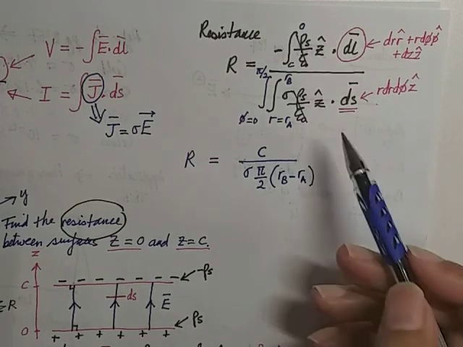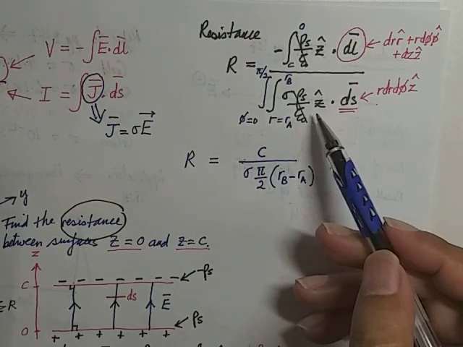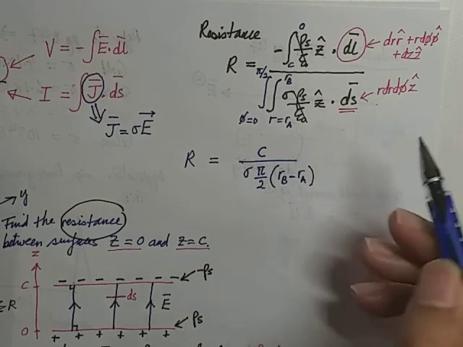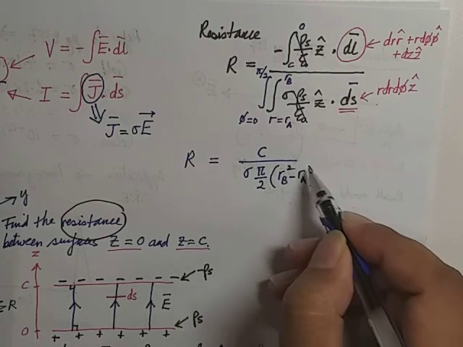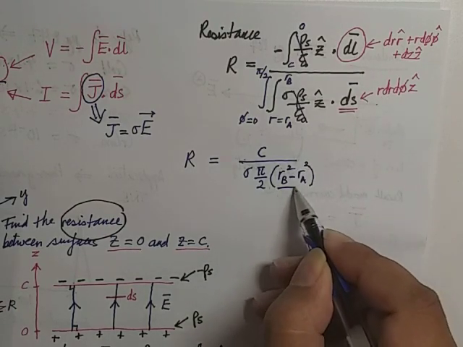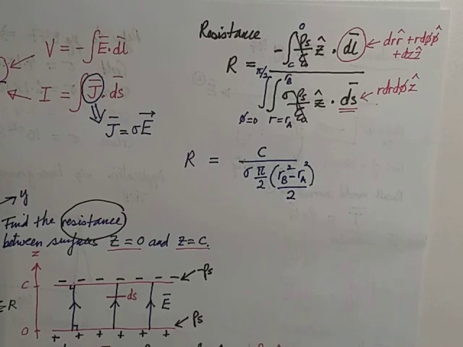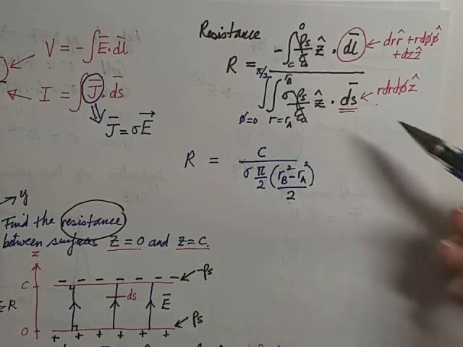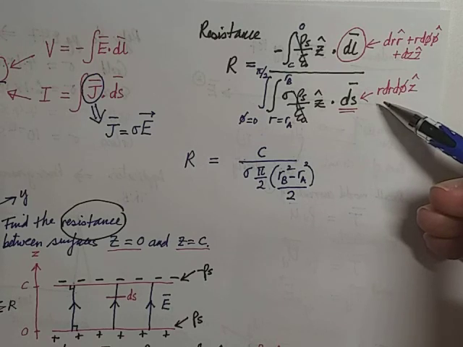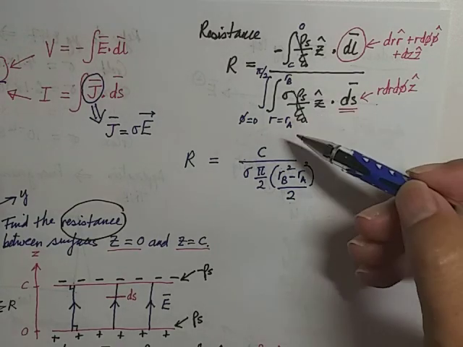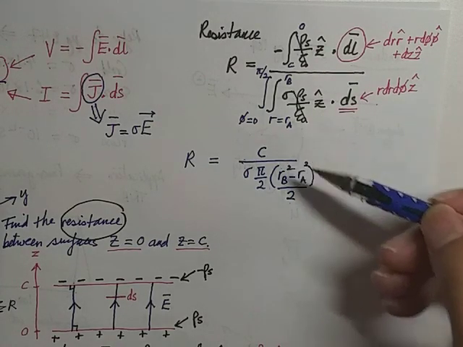Okay, because when you integrate r here, it should be r square over 2. Correct? Because you have r here. When you integrate r, it should be r square divided by 2. Therefore, r square needs to be substituted with RB, and also with RA. So you're going to end up with this.